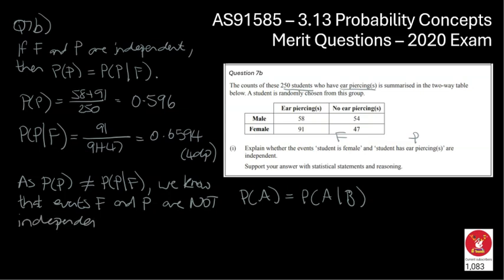That means whether or not you're a female does have an impact on the probability that you have a piercing. I'm just going to explain that in a bit more detail.